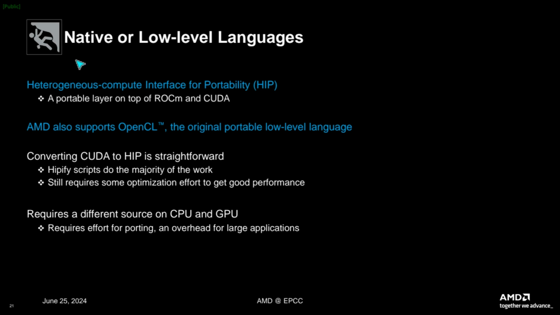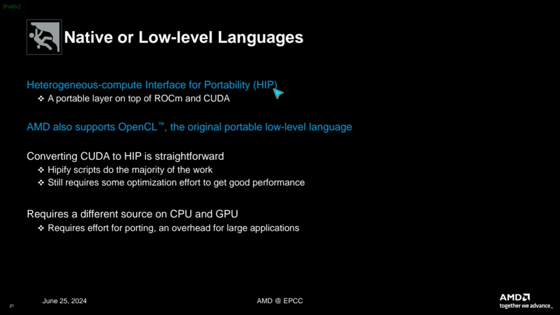So our native or low-level languages, for AMD, that is ROCm. ROCm is the language that drives our GPUs. For NVIDIA GPUs, it's CUDA. And on top of ROCm, we have this heterogeneous compute interface for portability, which is called HIP for short.